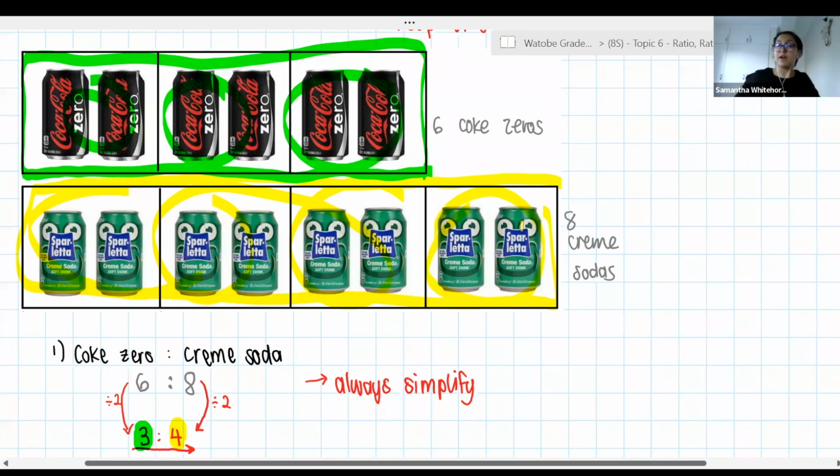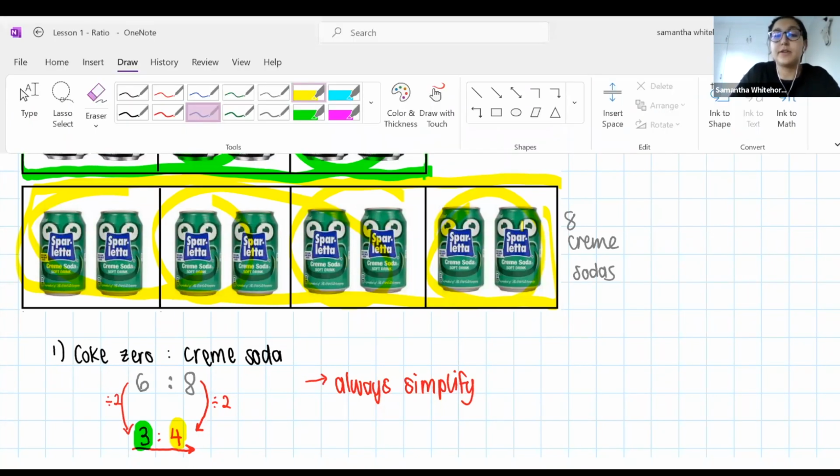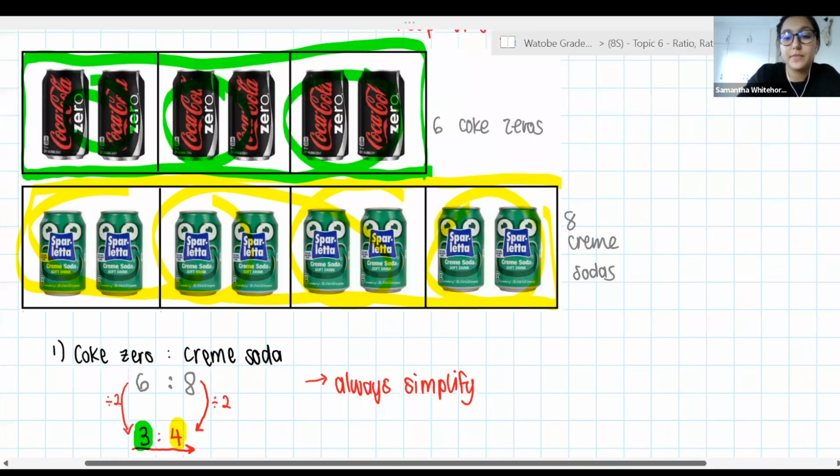Even though it's a simplified ratio, it still represents the same proportions. And so, very importantly, the order in which we write our ratios down, as well as always simplifying, matters. If you didn't simplify here initially, don't worry, we're going to do examples where we simplify, but just have it in the back of your head that simplification is very, very important.